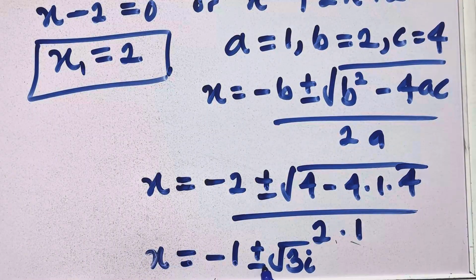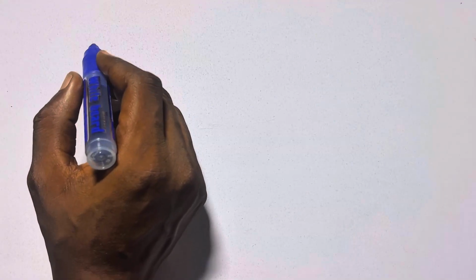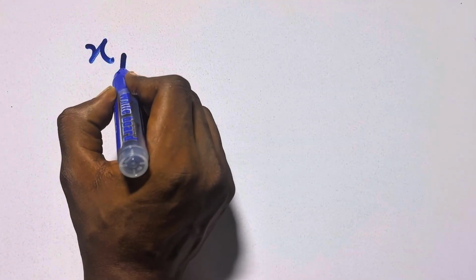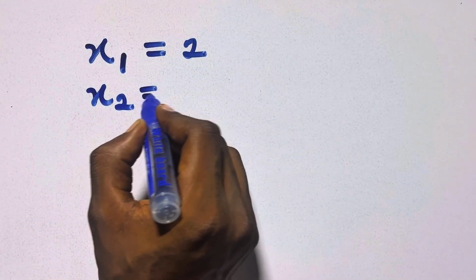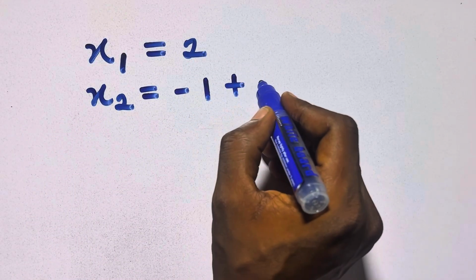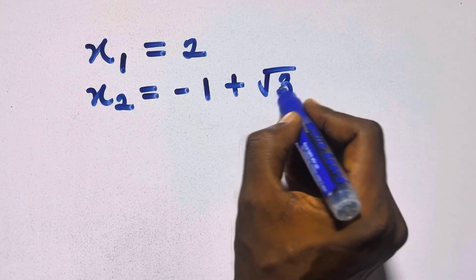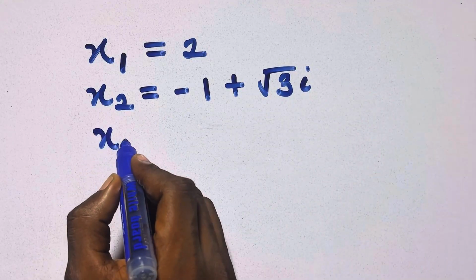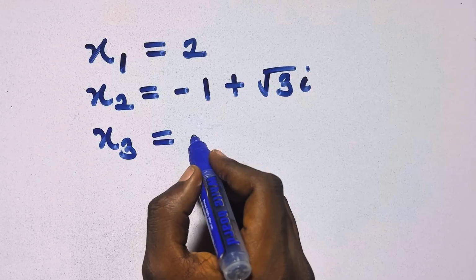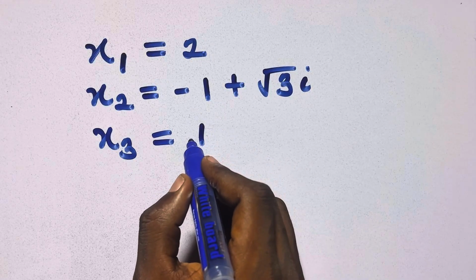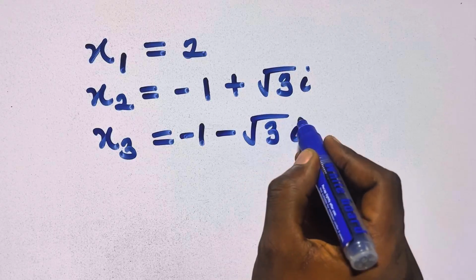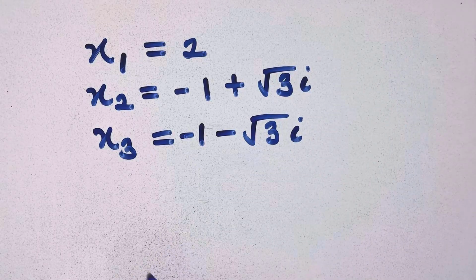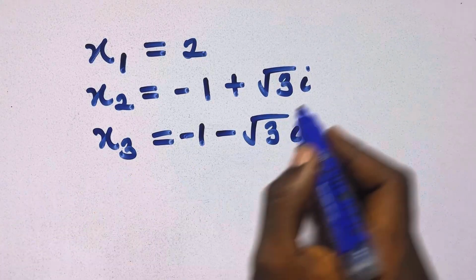So this is what we got. And don't forget we already got one solution here. So we have two solutions here, right? So let's move on. Don't forget what we got. We got x2 to be minus 1 plus square root of 3i, and x3 equals minus 1 minus square root of 3i.